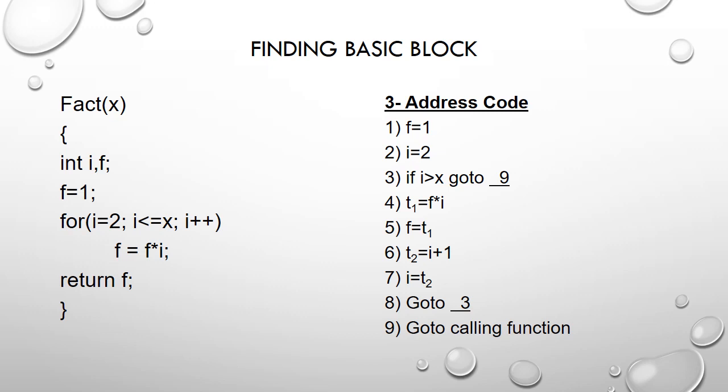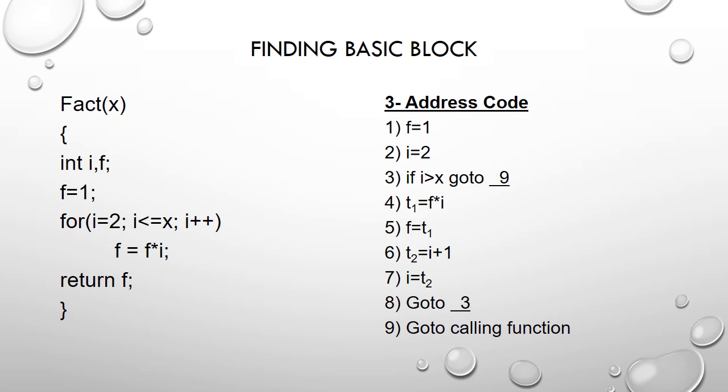After this we go back to the condition, and if it is true, we execute the same statements again. So line 8 says go to 3. Go to 3 means it's an unconditional jump, so we go to 3 and check the condition again.